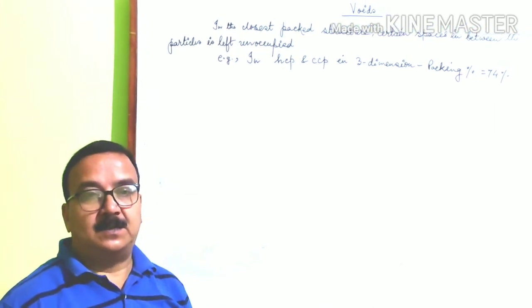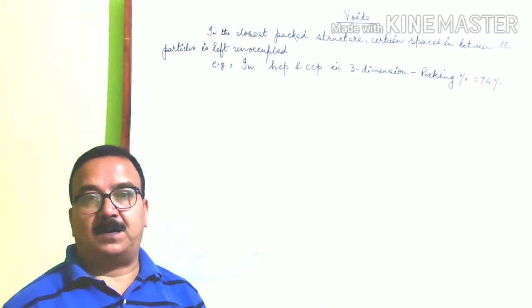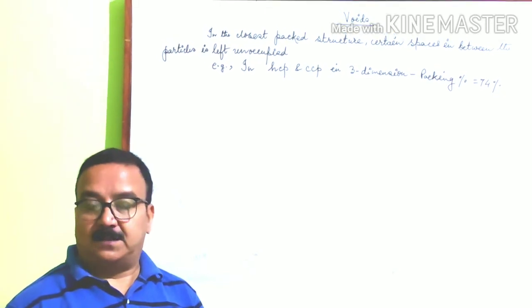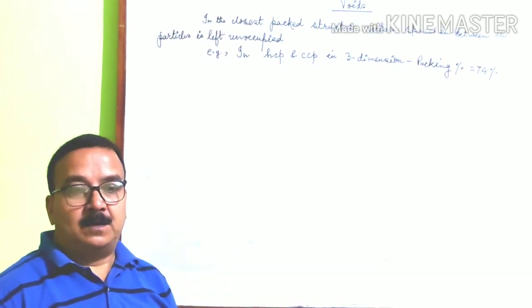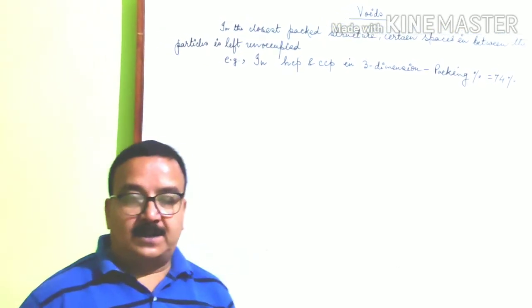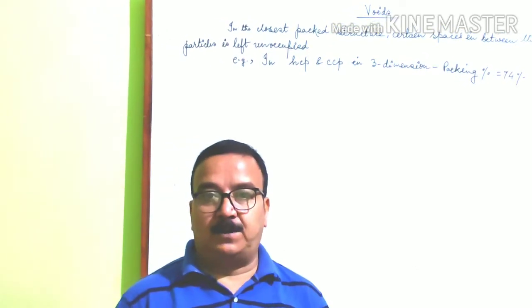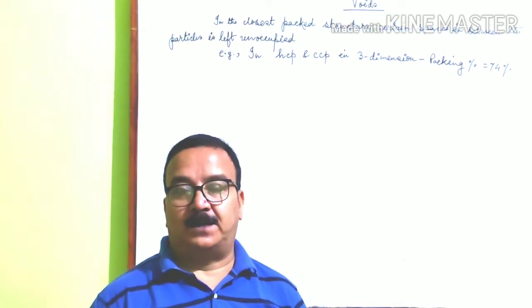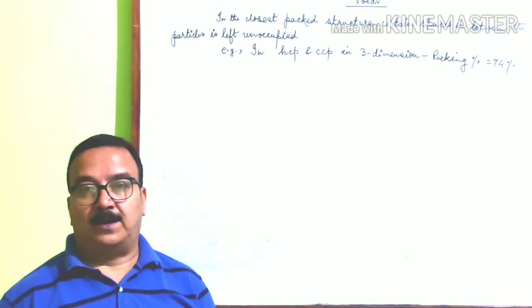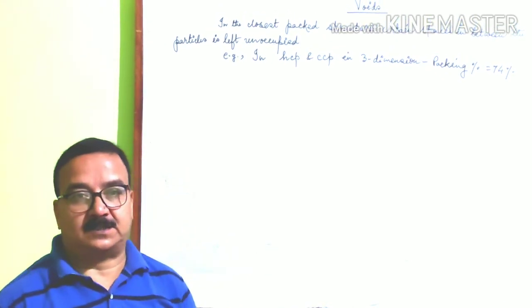It means 26% of the available space remains vacant, that is unoccupied. So we can say the vacant spaces between the spheres which are unoccupied are known as voids or interstices.